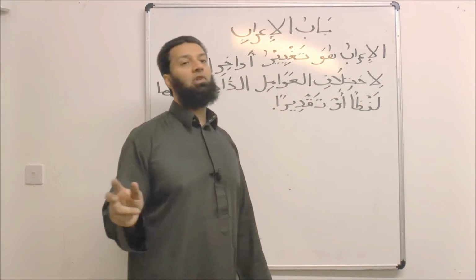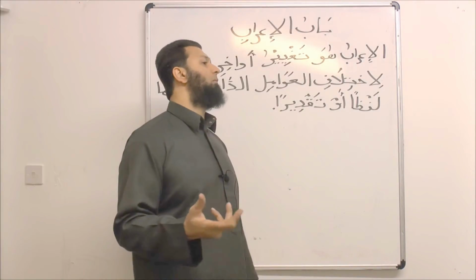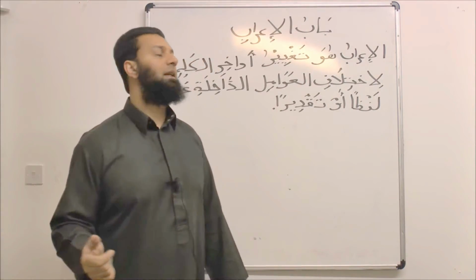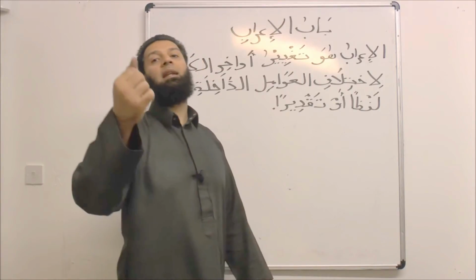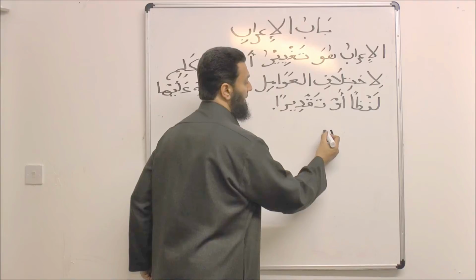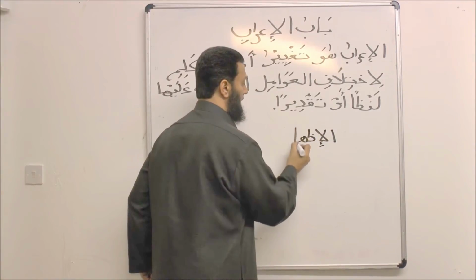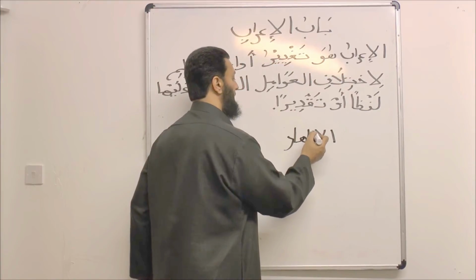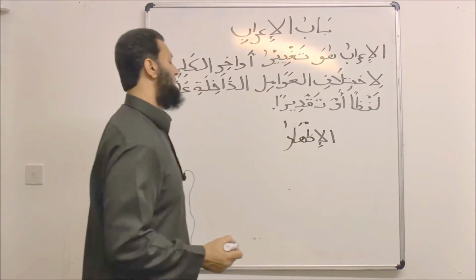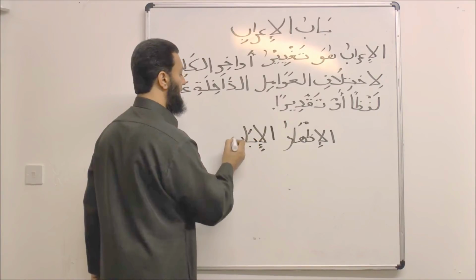Therefore, in relation to Arabic, al-i'rabu has two meanings. It means al-idharu and al-ibana.